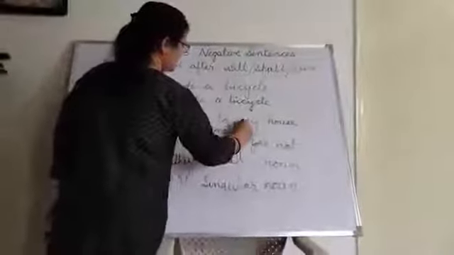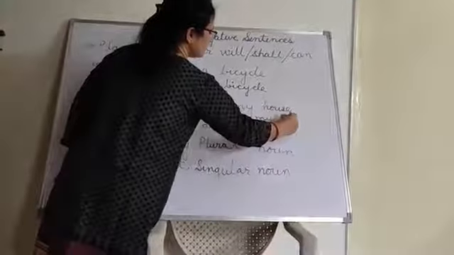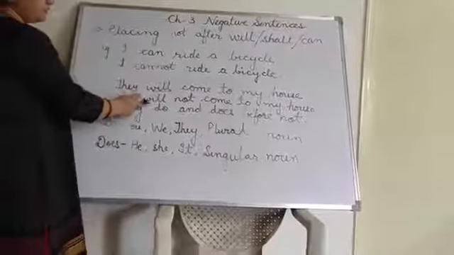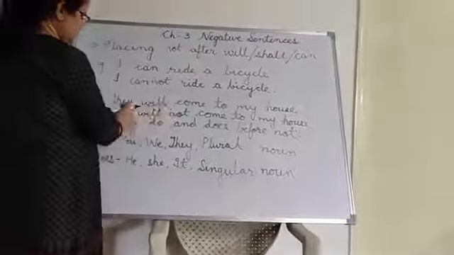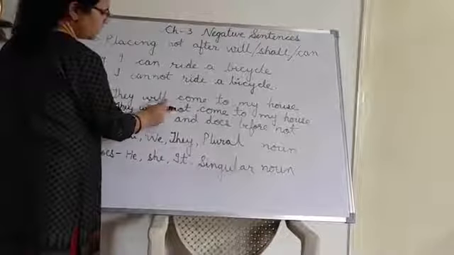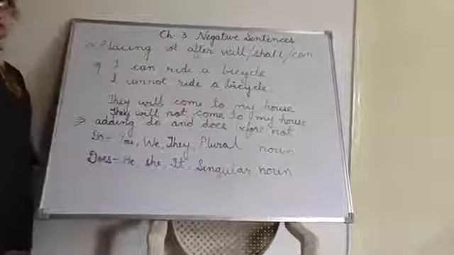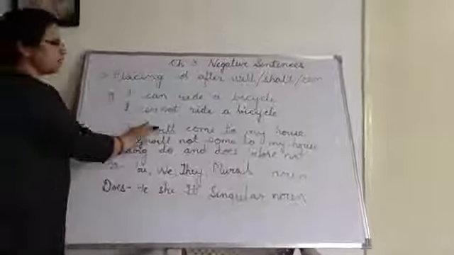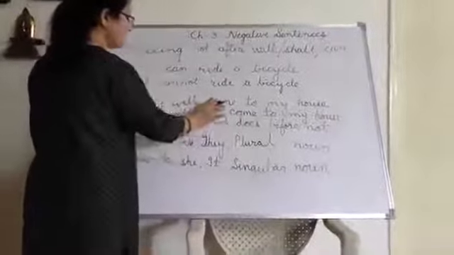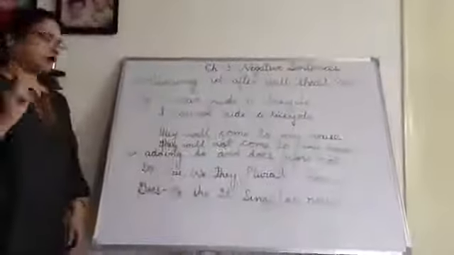Now see, after placing not after will, you have changed this positive sentence into a negative sentence. They will come to my house. You have placed not after will. They will not come to my house.